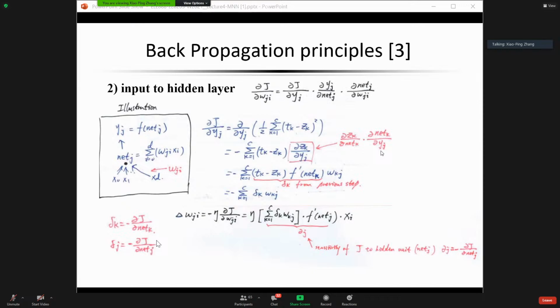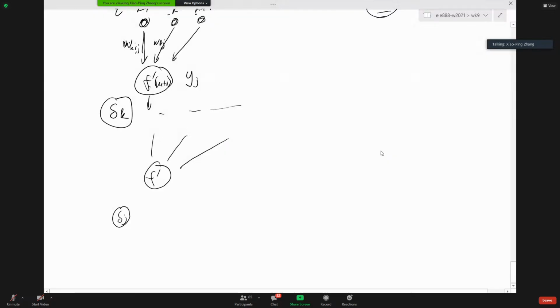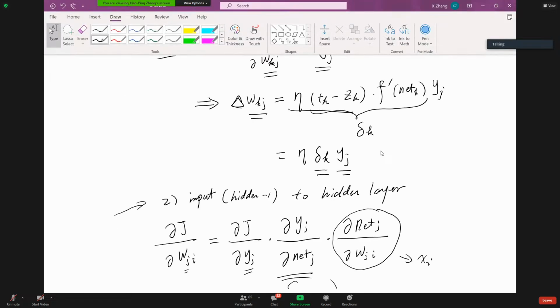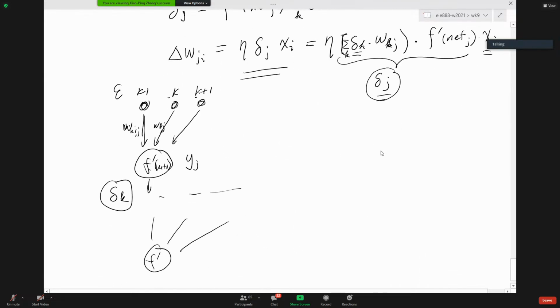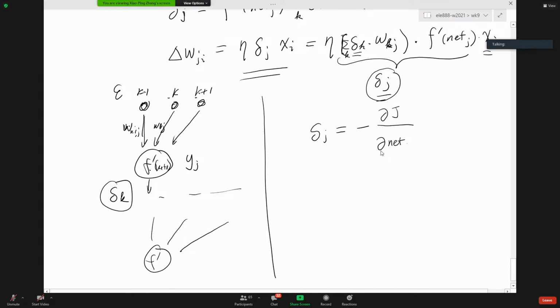Let me just write that down again. So basically, the definition: at the jth layer, delta J is equal to negative partial J by partial net J. So the relationship here, right?